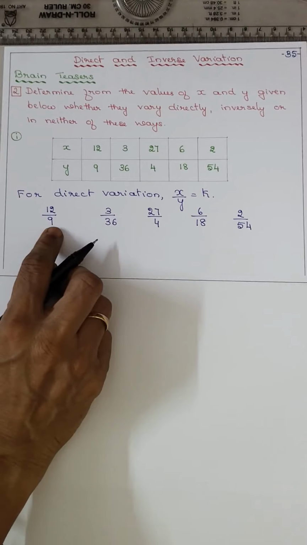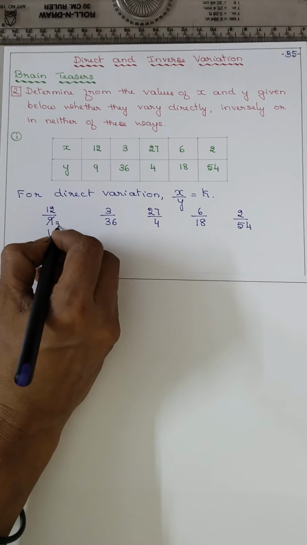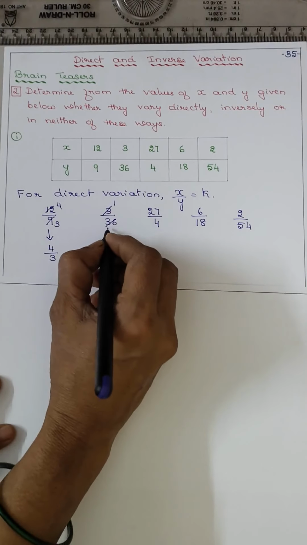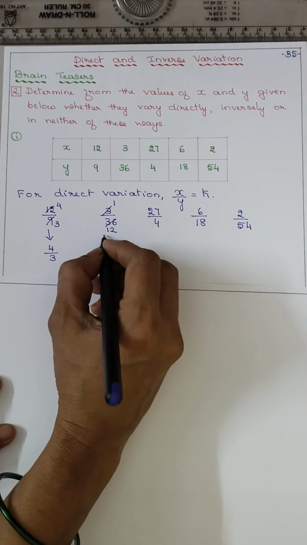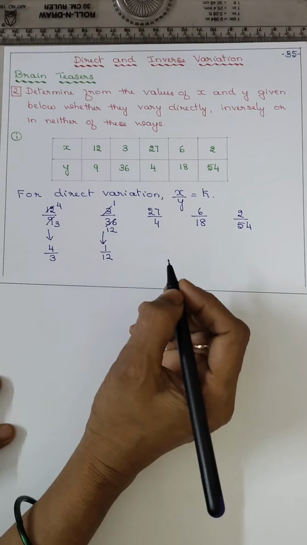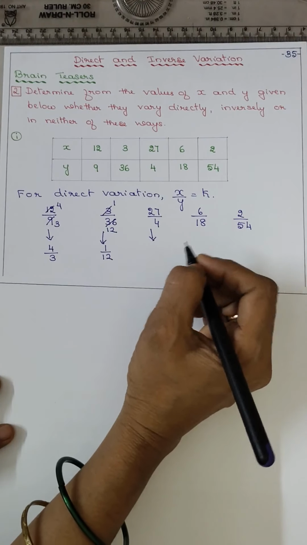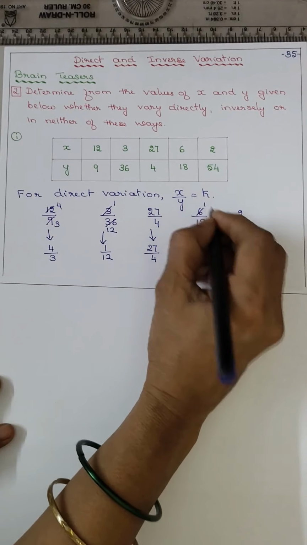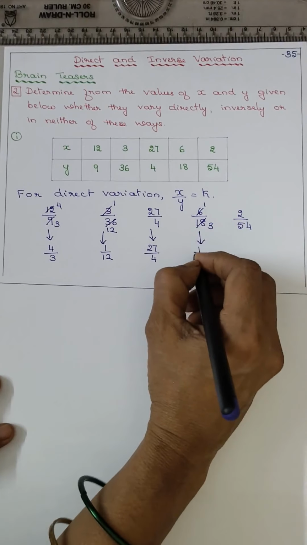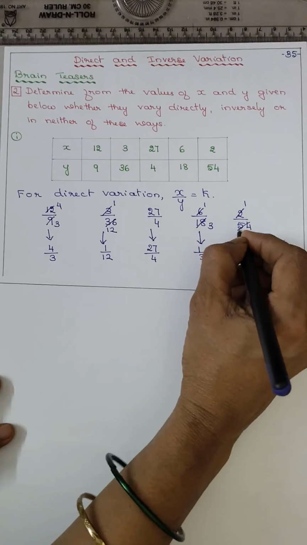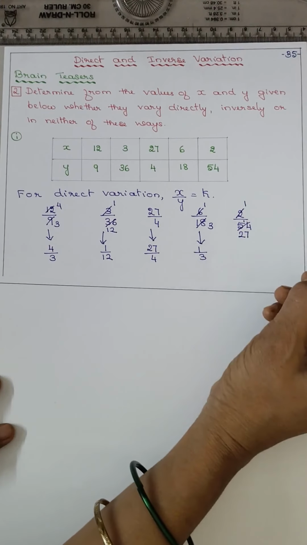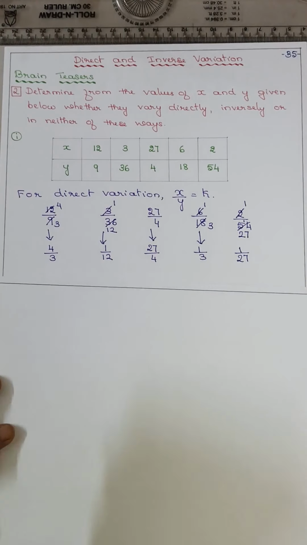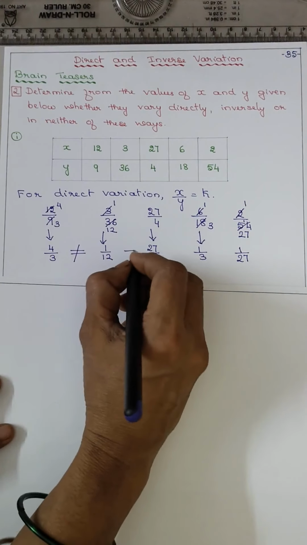Reduce to the lowest terms: you get 4 by 3, 1 by 12, 27 by 4 stays the same as it cannot be reduced, 1 by 3, and 1 by 27.